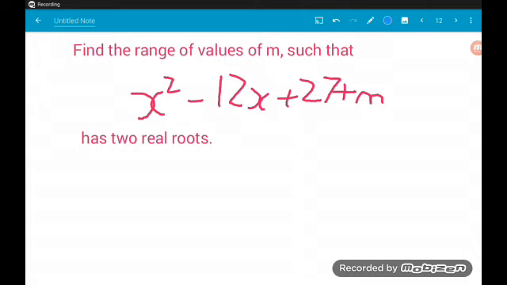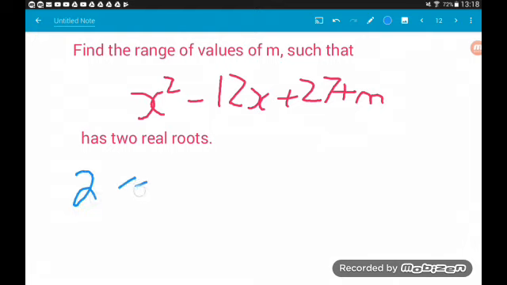Okay, question 3. So this is when it starts getting really fun. We want to find the range of values for m such that x squared minus 12x plus 27 plus m has 2 real roots. So, good times. Let's first of all think about in terms of the discriminant what 2 real roots means.